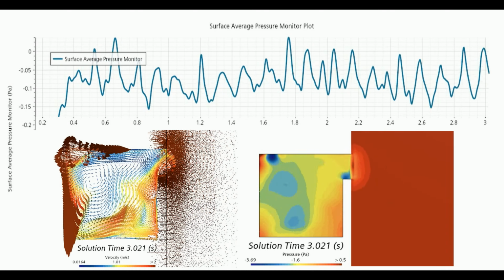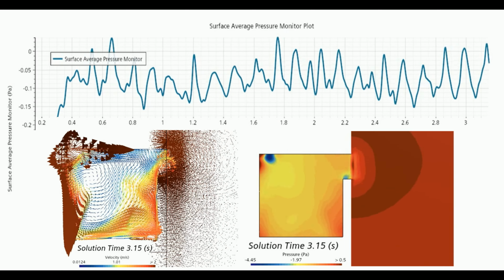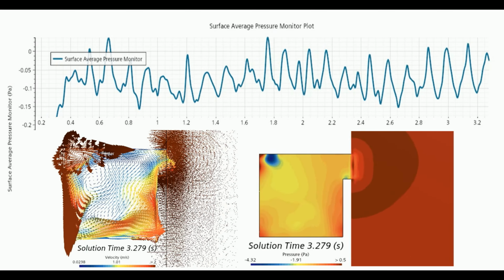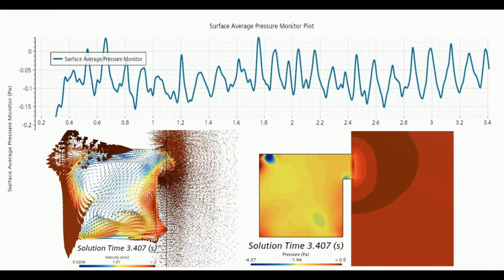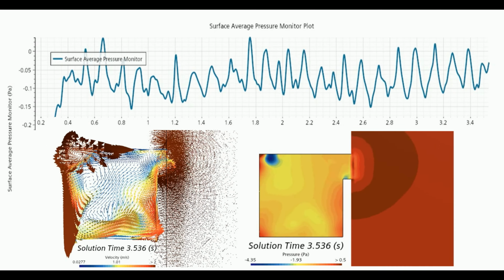On the bottom right you have the pressure contour, on the bottom left you have the velocity vector field, and on top you have the average pressure variation plot.